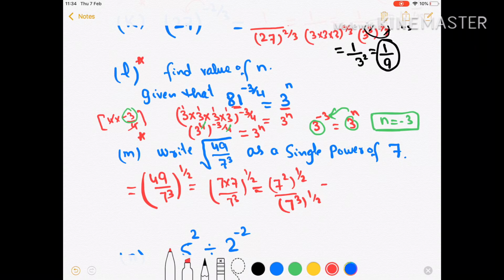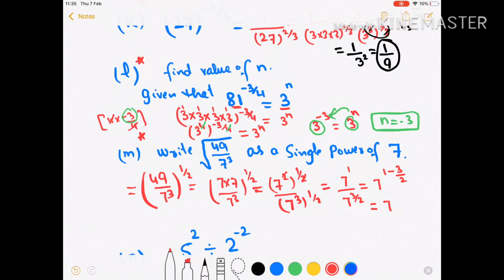Then by using rule number 3, raising one power to another, you have to multiply them. On the top, 7 to the power 1 will come, and at the bottom, 7 to the power 3 over 2 will come. Then by using rule number 2, when the similar thing divides, you subtract the powers.